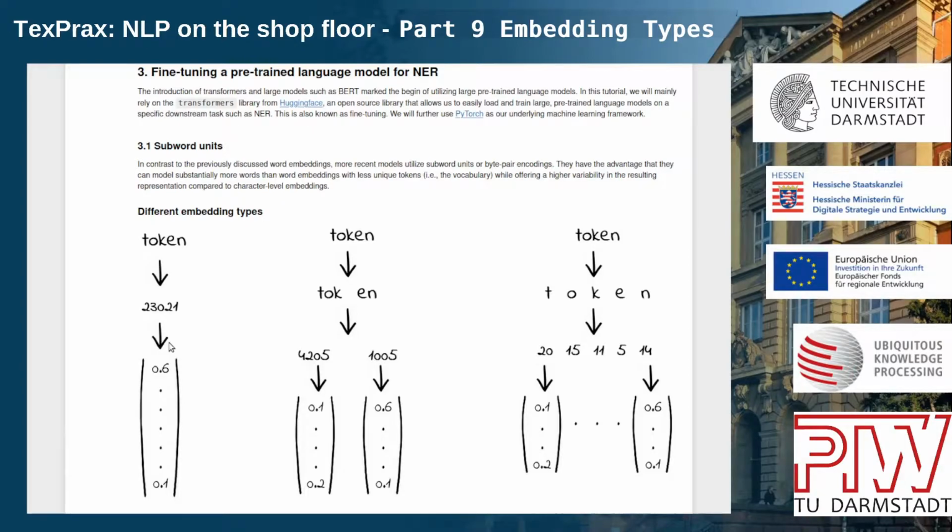And this substantially limits the amount of words overall, which is called the vocabulary, that can be represented by word embeddings. So what some people proposed was to use character embeddings, where basically each character is mapped into a single representation, and you then aggregate those by, for instance, averaging them or concatenating them.